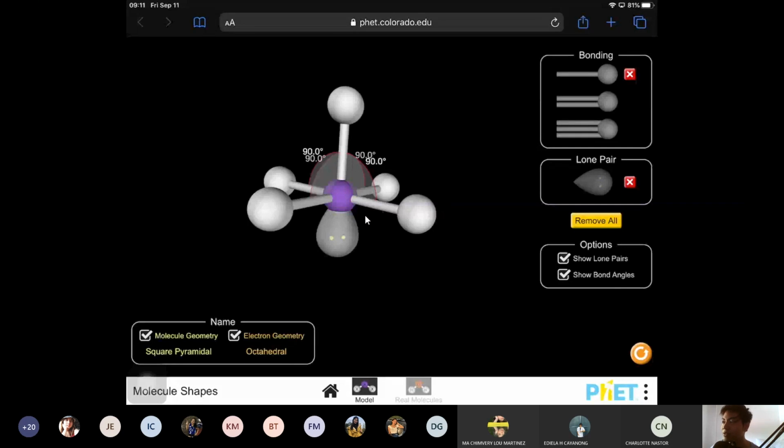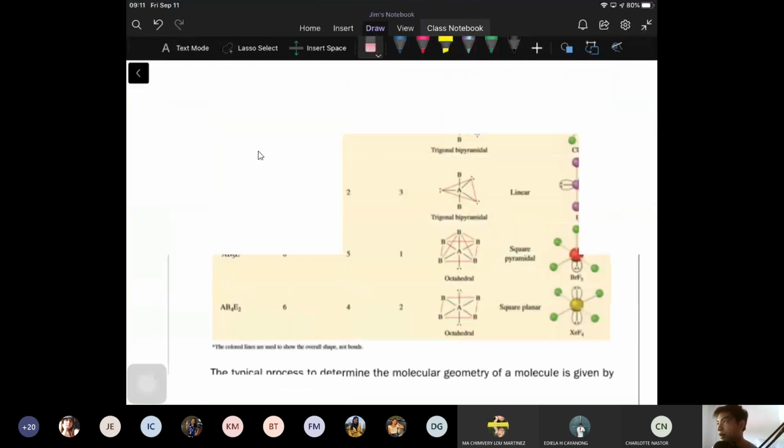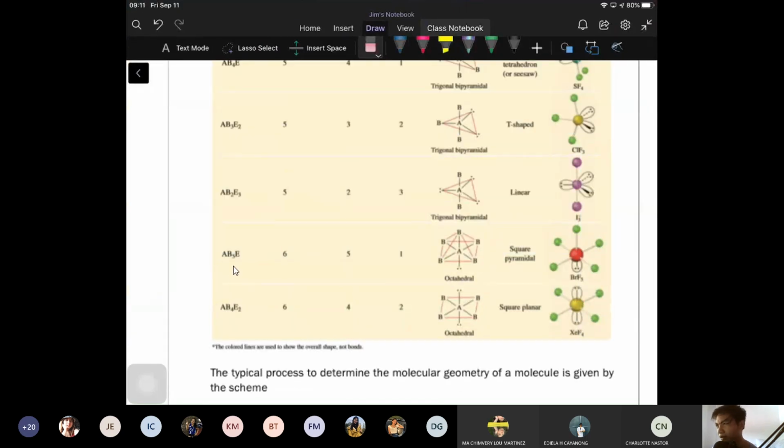So, if yung isa pinalitan mo ng lone pair, you will have square pyramidal. Ano yung code natin dyan? A, B5, E. A, limang terminal, tapos isang lone pair. A, B5, E. So, tingin kayo dito sa table. A, B5, E, ang shape ay square pyramidal or square pyramid.